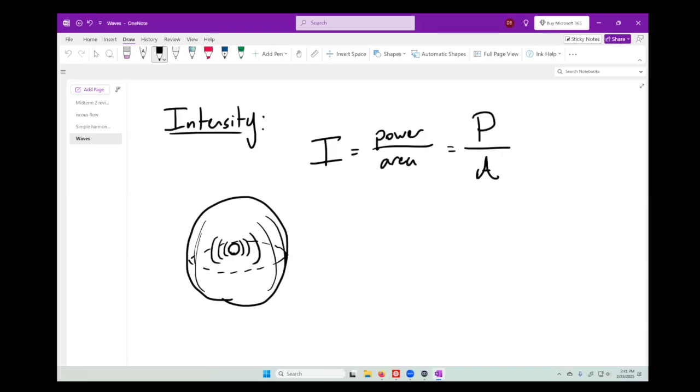All right, so in this situation, if we observe the wave, say we're observing the wave at distance r from the source, then the intensity we would receive is the power divided by 4 pi r squared, because that's the surface area of a sphere.